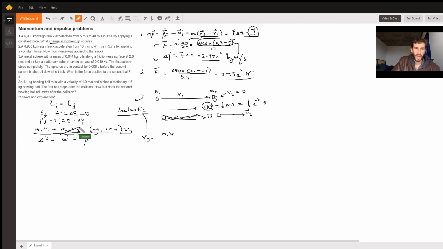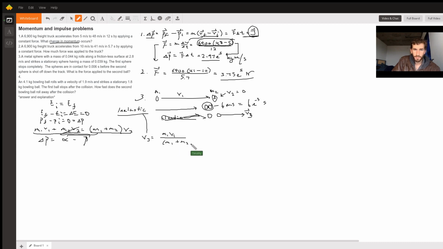So we can just get rid of that. But V3 is this velocity of the second ball after collision. Okay. Now, V3 is going to be M1 V1 over M1 plus M2.